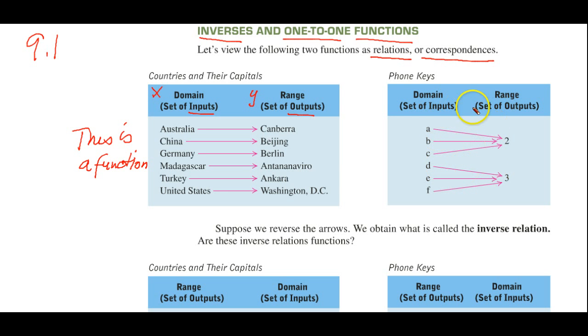So in this correspondence, these are your X's. Again, that's your domain. And these numbers 2 and 3 are the range, which are your outputs. Now notice this is also a function because the X element is only used once.